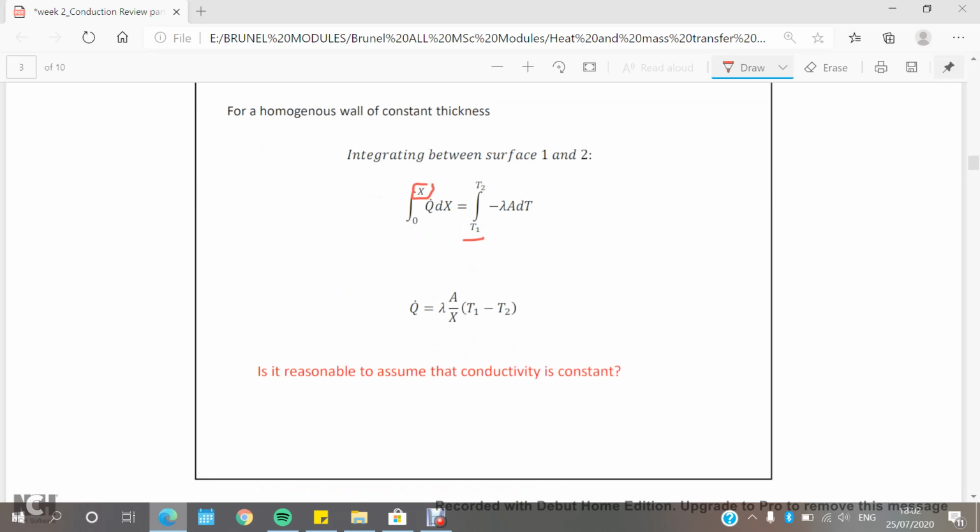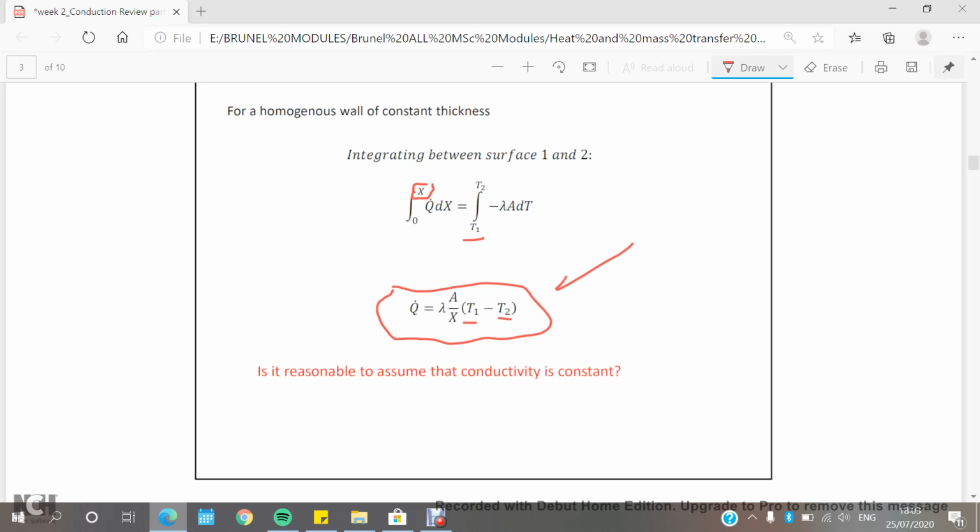After integrating, we get the final equation which describes the average heat transfer rate by conduction through a solid material. It equals the thermal conductivity, lambda, times the exposed surface area, divided by x, the thickness, times the temperature difference from the high temperature to the low temperature.